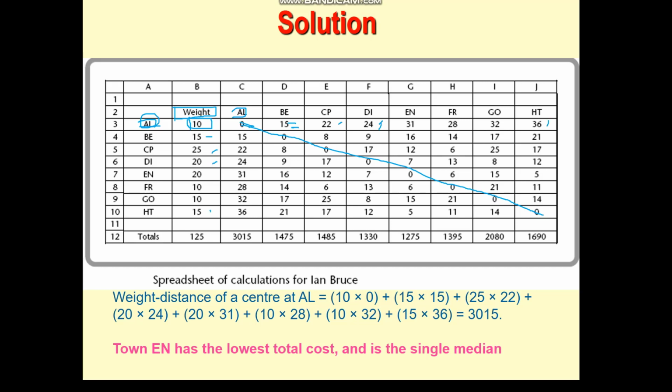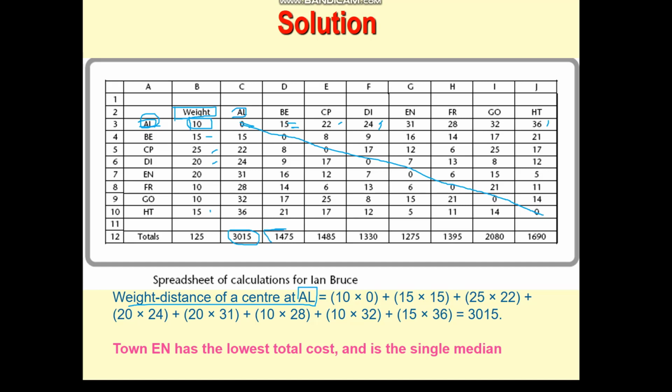Then you take the sum of all the weight distances, so you can calculate the weight distance value of a center at AL. Then you can see here is the weight distance of a center at AL.